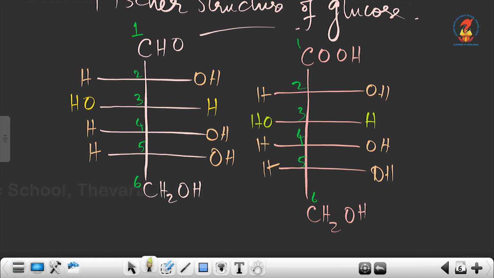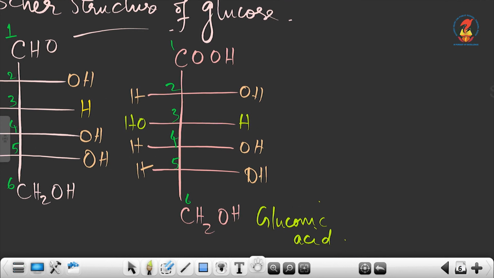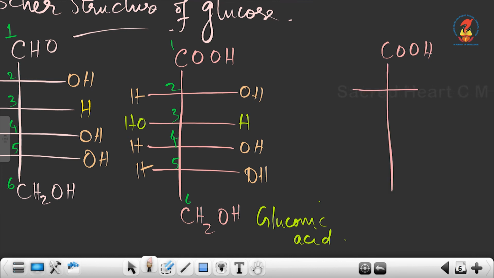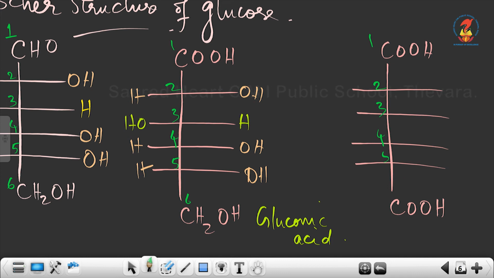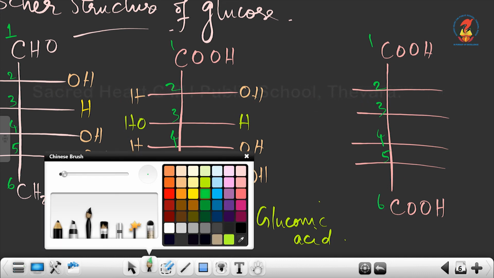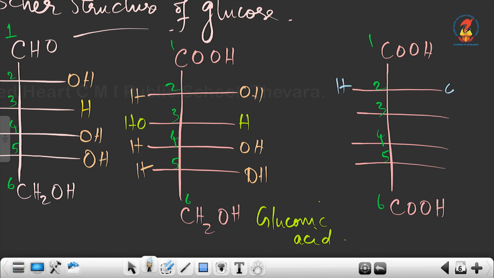Now this is the structure of gluconic acid. Now saccharic acid also we can draw. The saccharic acid is COOH at the top. Let's number the carbon atoms, 1, 2, 3, 4, 5, 6. Now let's write the hydrogen and OH. Second carbon has hydrogen and OH, fourth and fifth carbon also have hydrogen and OH. Third carbon we have OH here and hydrogen on the right side. So this is the structure of saccharic acid.